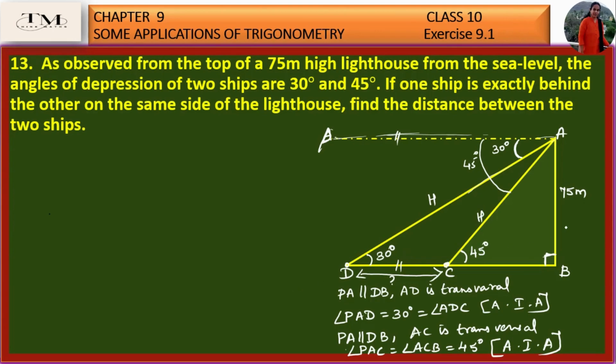For 30 degrees, the opposite side is AB. DB and CB are the adjacent sides for the bigger and smaller triangles.